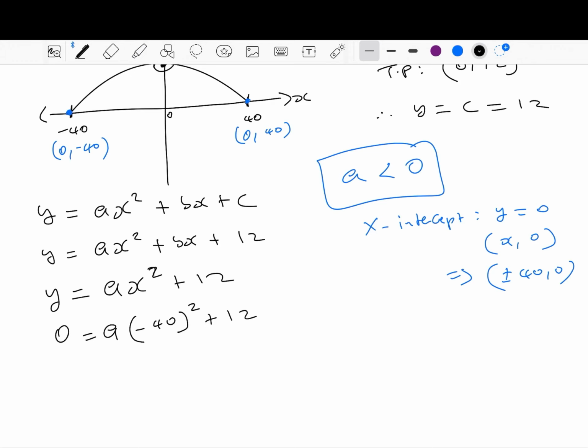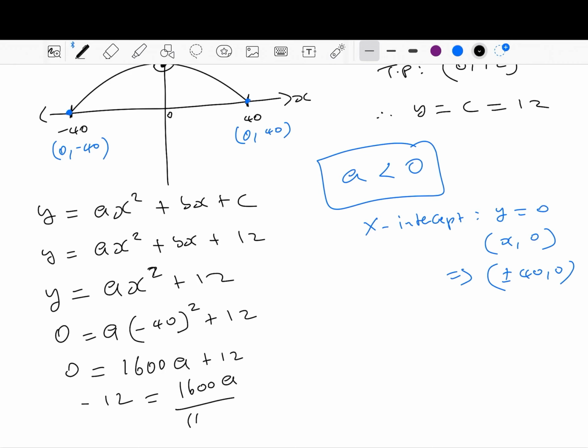So you have 0 is equal to negative 40 squared a plus 12. Take your calculator and say negative 40 power 2. That is 1600a plus 12. Remember, we're solving for a. Let's take that 12 to the left hand side, and it becomes negative 12 is equal to 1600a.